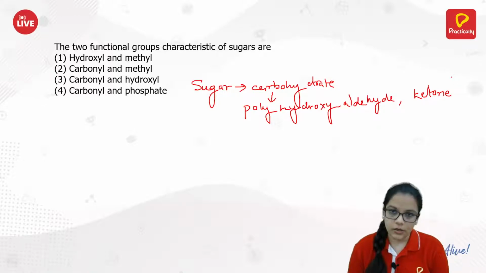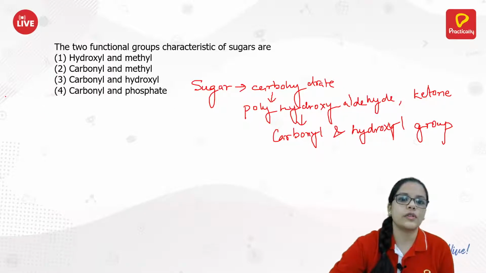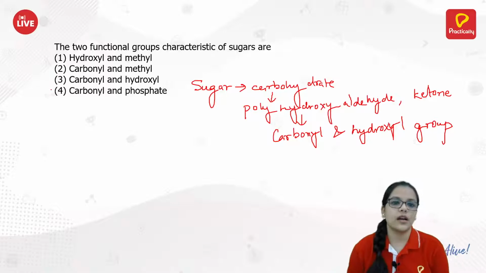Both of these have carbonyl and hydroxyl groups. So the two functional groups in sugar are carbonyl and hydroxyl.